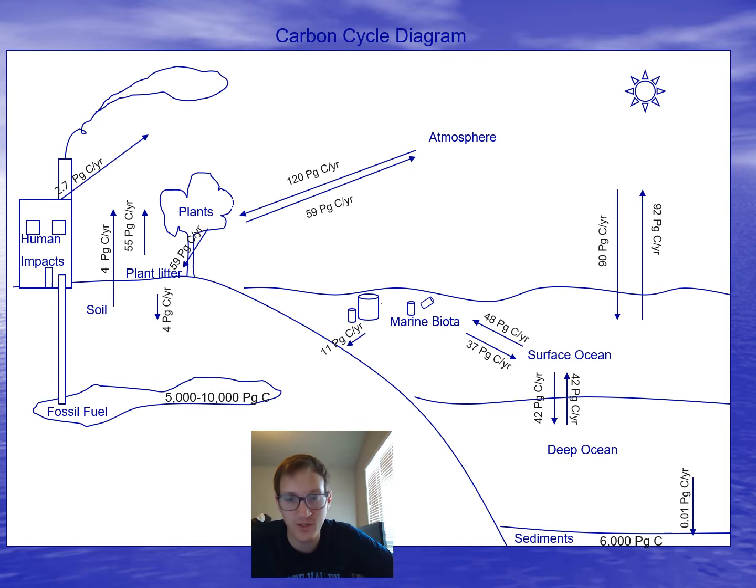So when it decays, it gives back to the ocean 37 PgC per year. And then the marine animal life and plant life take in carbon from the surface ocean at 48. You can see all of these interactions playing out in a more interactive way of seeing the actual things that are interacting.